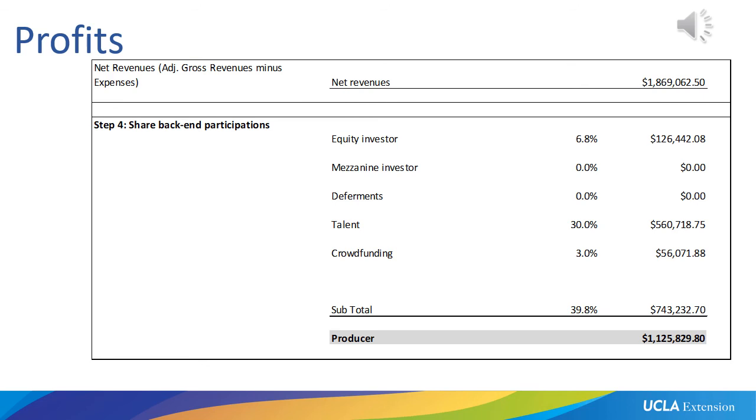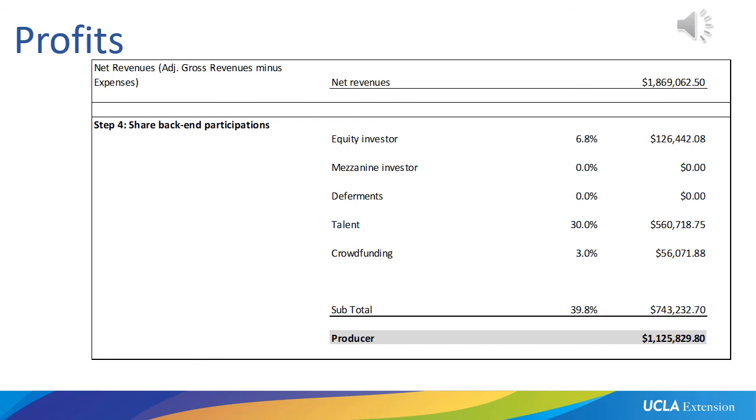Our equity investor had given us an investment that reflected exactly how much percentage. I can tell you. The equity investor gave us 13.53% of our budget. And in order to figure out the equity investors' profit participation, we divide that by 2, because 50% of this percentage would be applicable as a back-end participation. 50% of the percentage invested in relation to the budget is going to be the profit participation percentage.